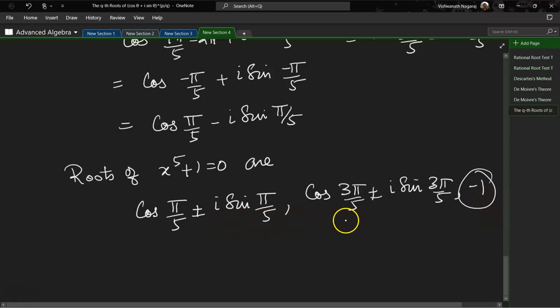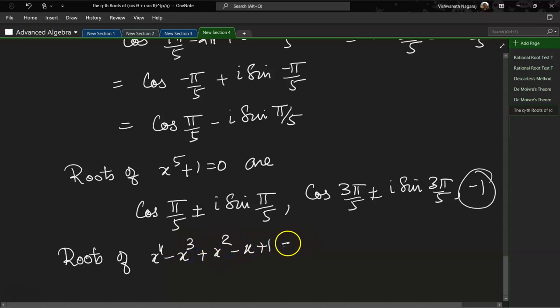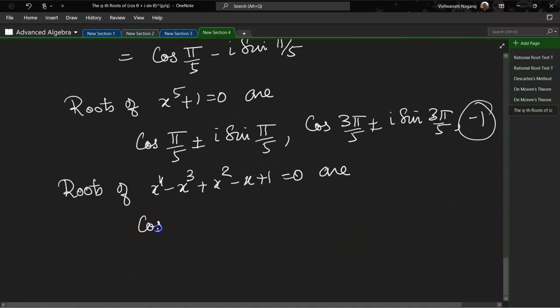That means the remaining are the roots of x to the power of 4 minus x cube plus x square minus x plus 1 equal to 0: cos pi by 5 plus or minus I sin pi by 5, and cos 3 pi by 5 plus or minus I sin 3 pi by 5.